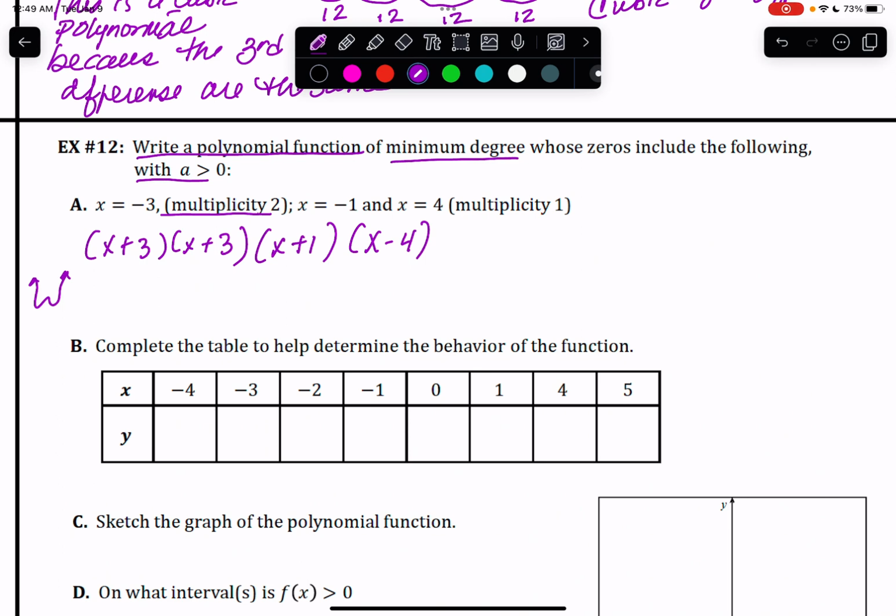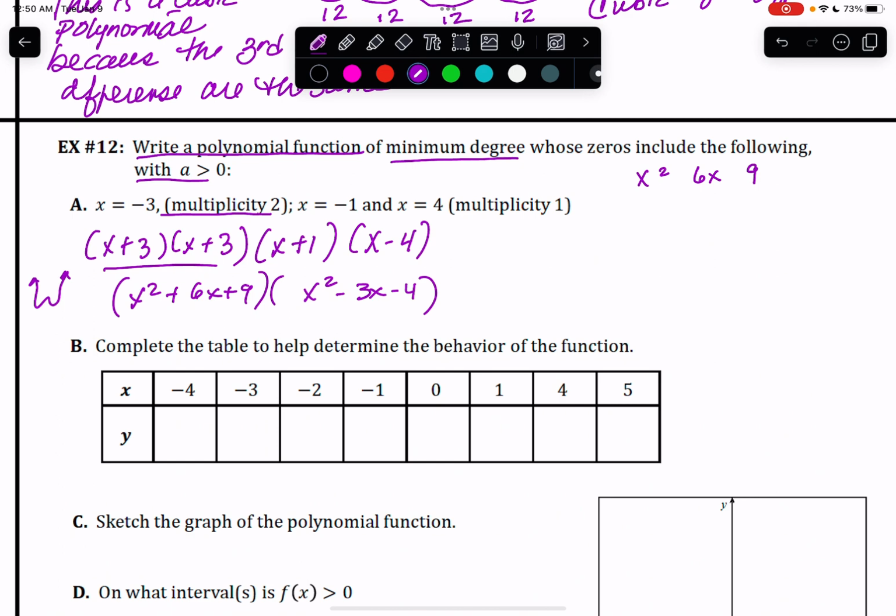So we have to multiply this all out together. This part would be x squared plus 6x plus 9, and this would be x squared minus 3x minus 4. Now I'm going to go over here. Here's another review of the table method. I'm going to have x squared, 6x, and 9.